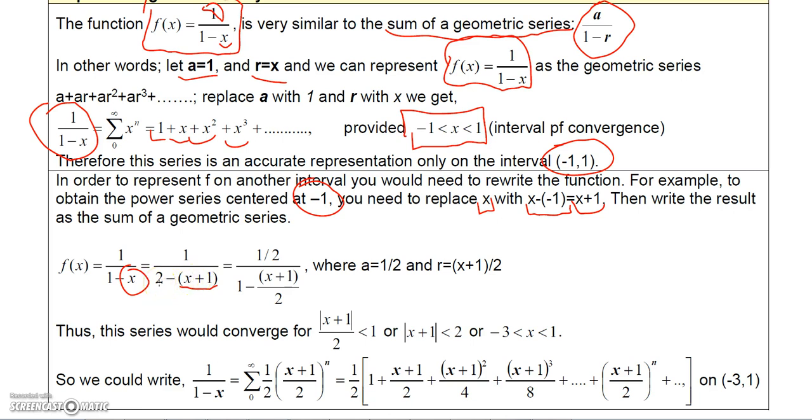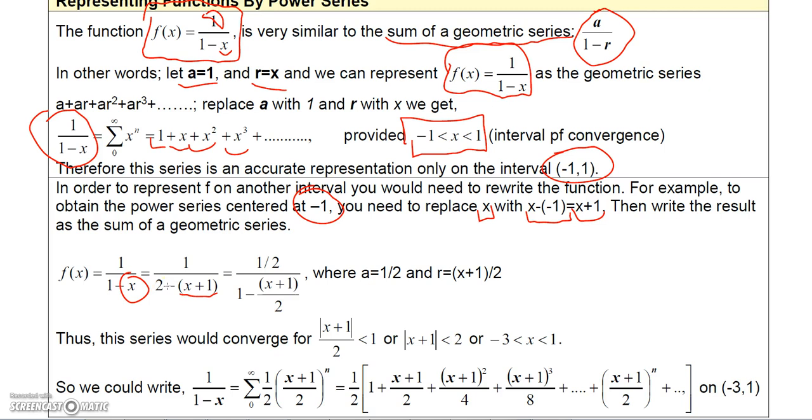Still, in order to get this into the form of the sum of a geometric series, I need it in the form a over 1 minus r. So I need this 2 to be a 1.